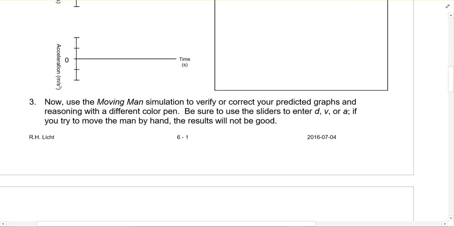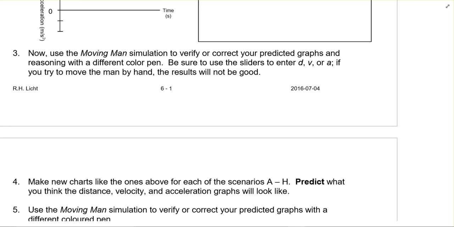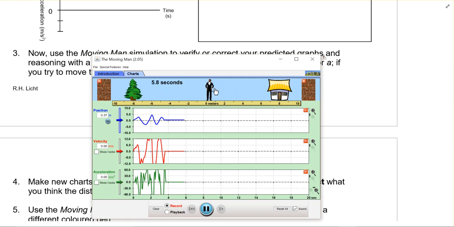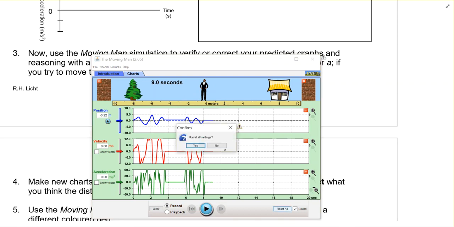Then for number three, now use the moving man simulation to verify or correct your predicted graphs and reasoning with a different color pen. Be sure to use the sliders to enter, and so on. What I mean by that is if you try to move your guy around, you get really bumpy data, right? So instead, I'm going to just reset.